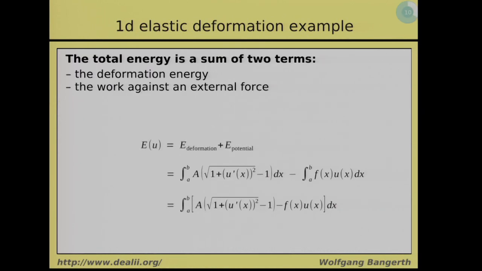Then there's a second part to the total energy that is called the potential energy, and the potential energy is essentially how much work my rubber band did against the external force. That turns out to be minus the integral of f times u. The total energy then becomes this integral here. So you see already that the total energy is linear in u in this term, but here it is nonlinear.